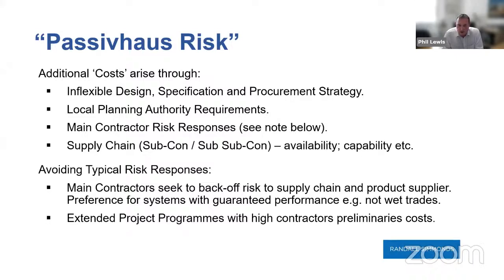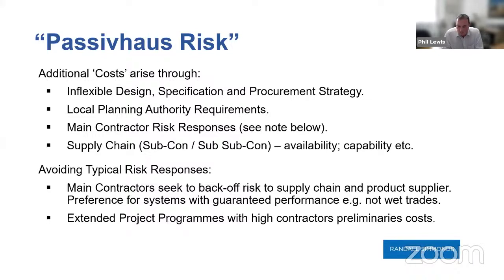Otherwise, your risk pot in any tender is going to be large. So how we understand risk is absolutely key. And our designs need some elements of flexibility in order to assist that.